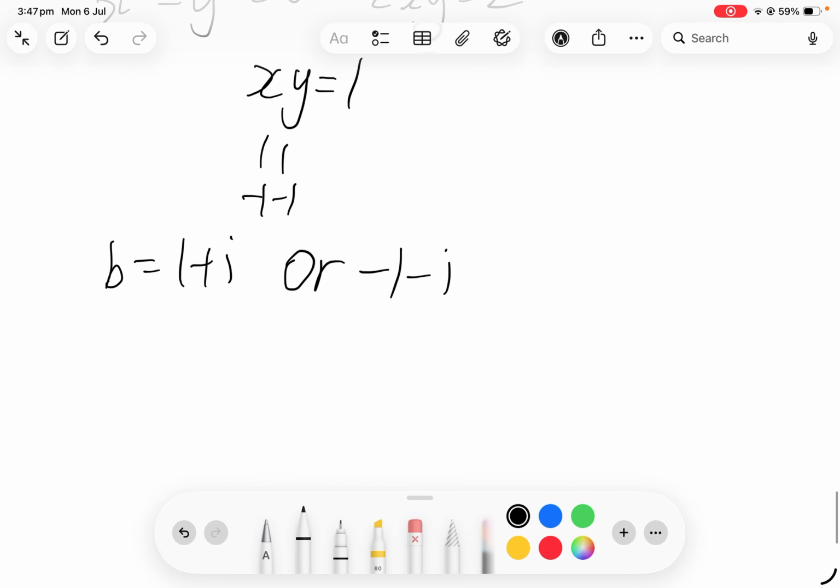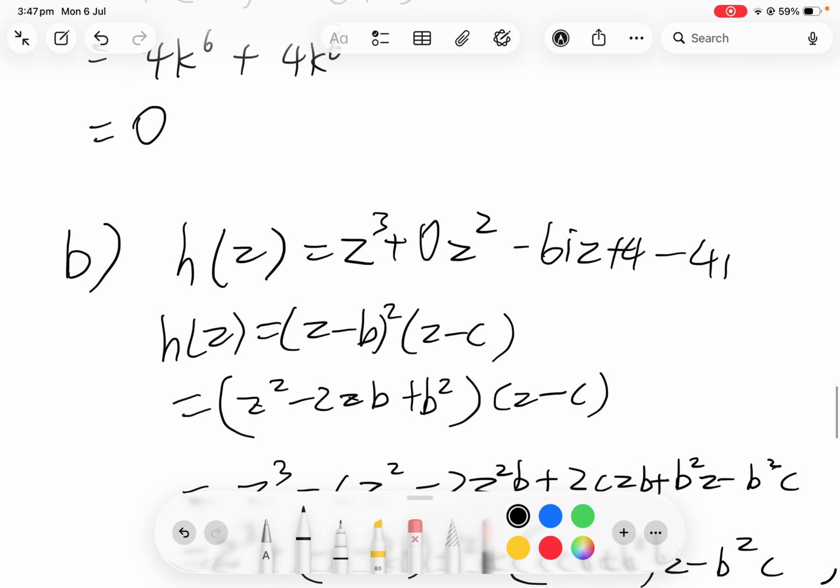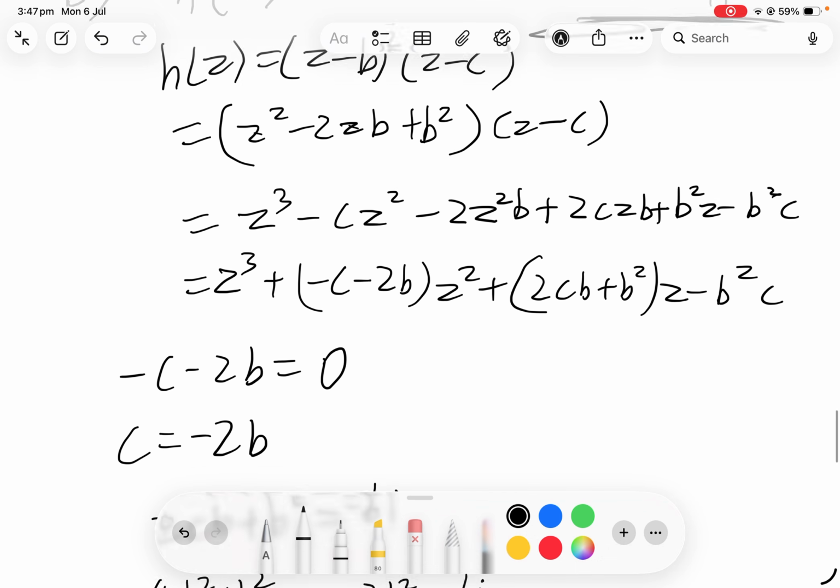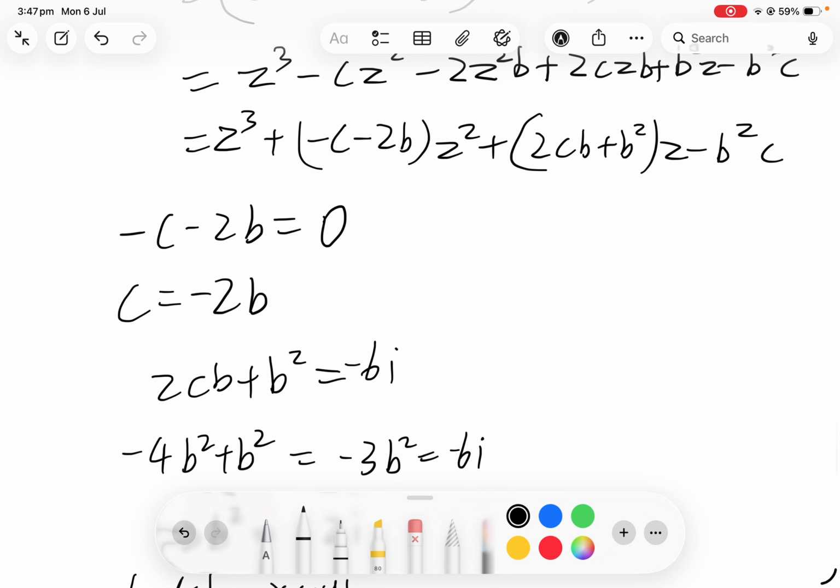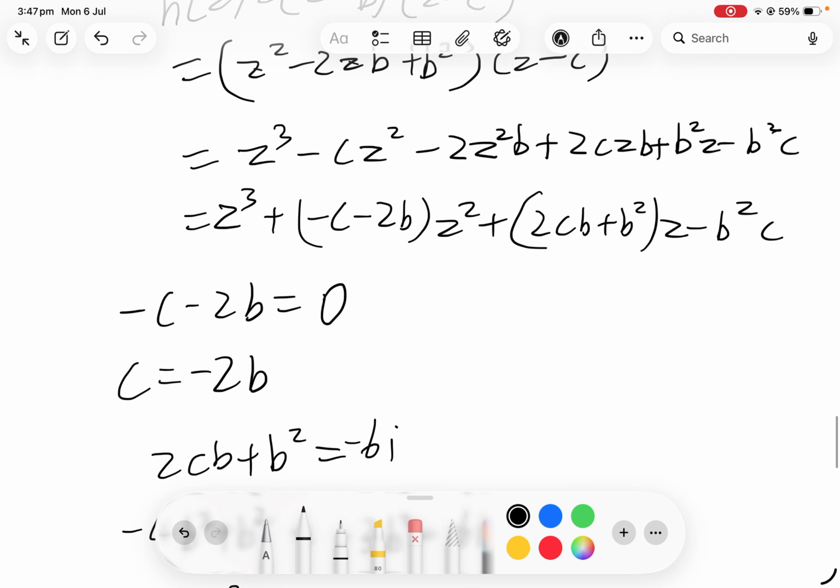To test these, we still have one more thing we haven't used: 4 minus 4i. Where is that in the equation? It is right here, which is b squared c.